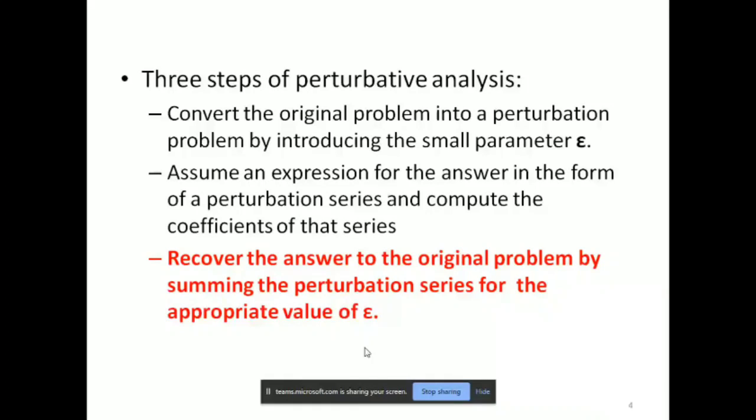Then, assuming that the answer is in the form of a perturbative series, we compute the coefficients of that series. Finally, we recover the answer to the original problem by summing the perturbative series, putting in the appropriate value of epsilon. These steps I will be explaining more as we go on.